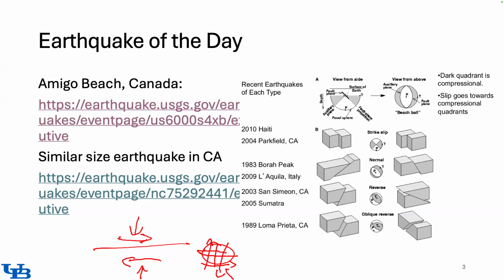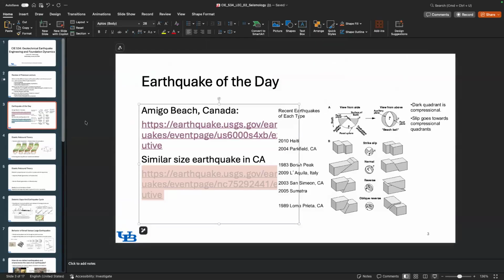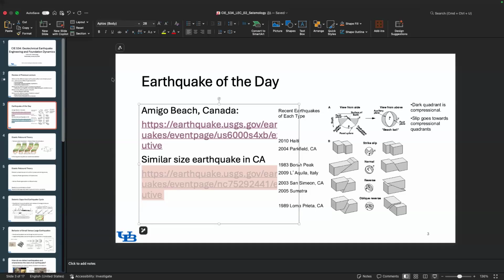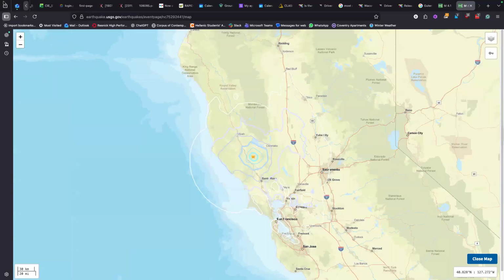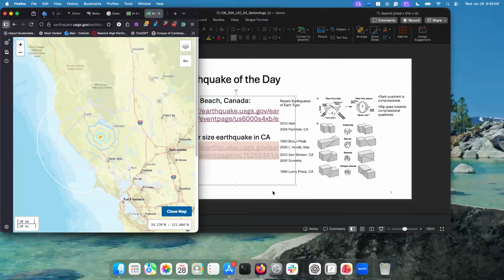So these two sides are the compression sides, and these are the extension sides. So these are the shaded regions in the beach ball diagram, and the other ones are the light ones, which is also shown here. So if we go back to the moment tensor solution for this earthquake, this is what this figure is telling us. Okay.